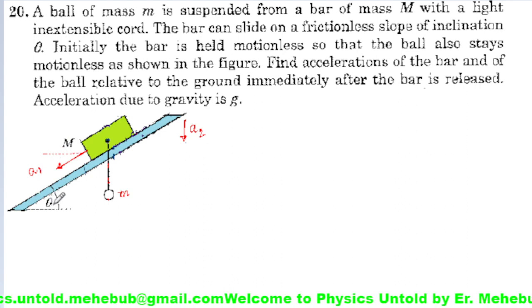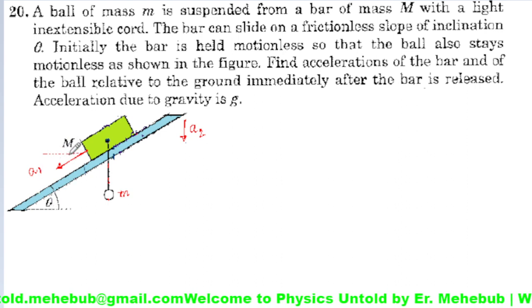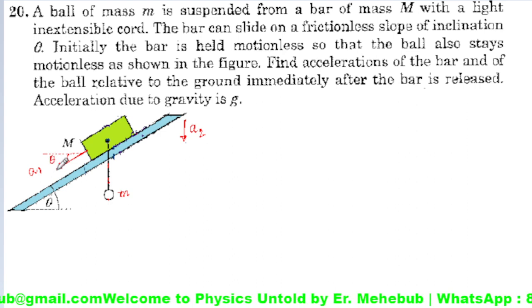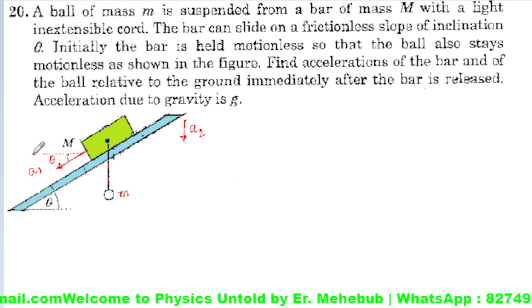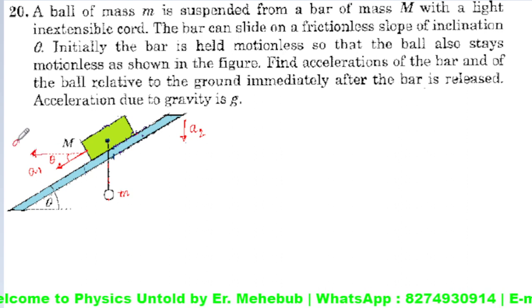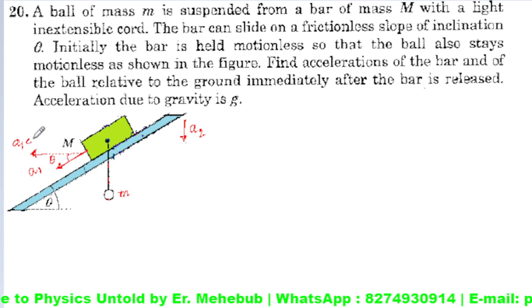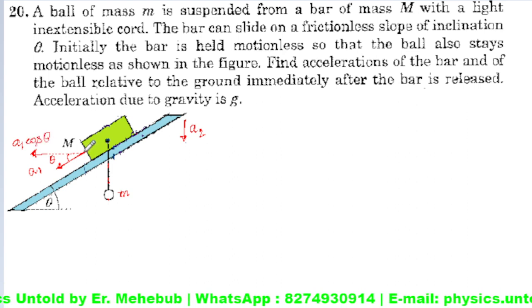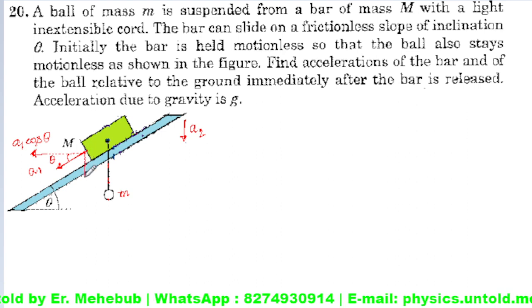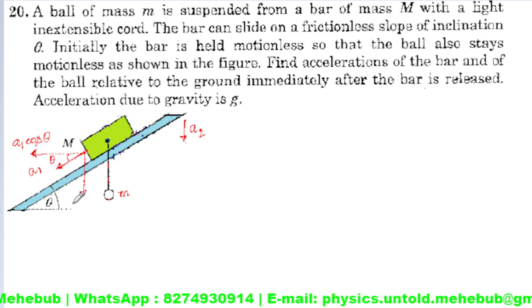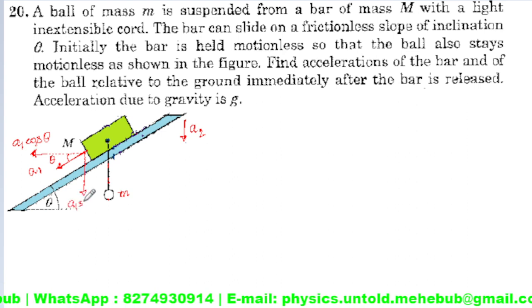If the angle of inclination is theta, then this angle must be theta, so the acceleration component along the horizontal is a1 cos theta, and the acceleration component in the vertical direction must be a1 sin theta.